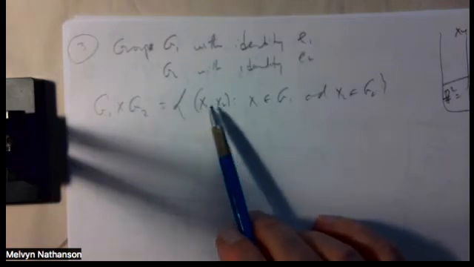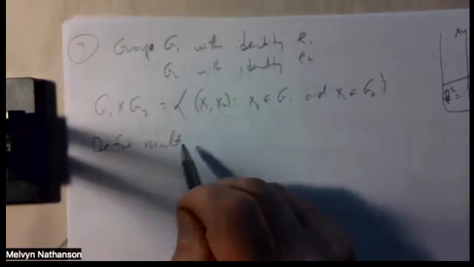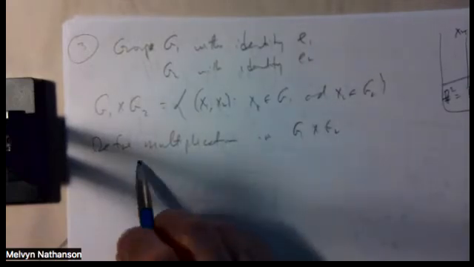You look at all ordered pairs (x1, x2), where x1 is in the group G1 and x2 is in the group G2. We usually write groups multiplicatively, and we define the multiplication in G1 × G2 as follows.